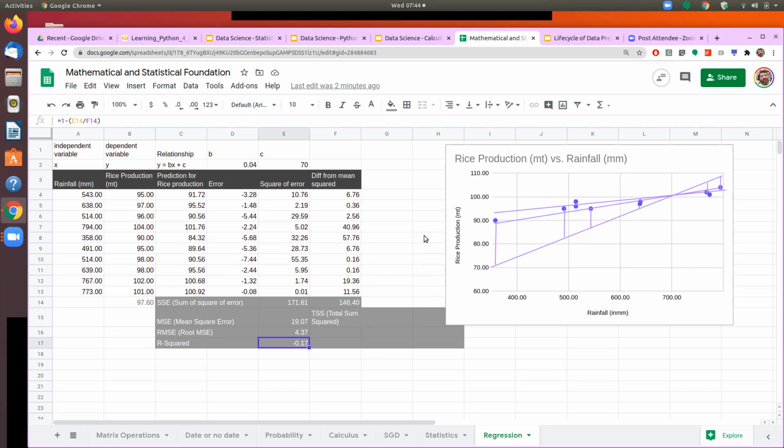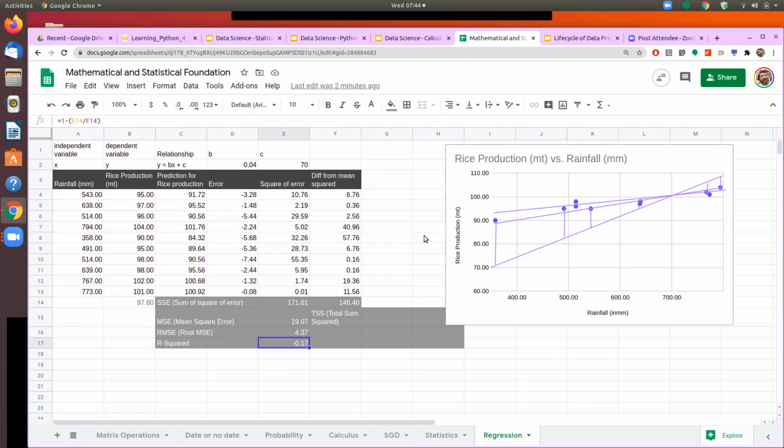We take a square of that to cancel out the implication of the plus and minus variation. Then we sum that, we divide that by number of observations we have. So I get the average error, which is called the mean square error.